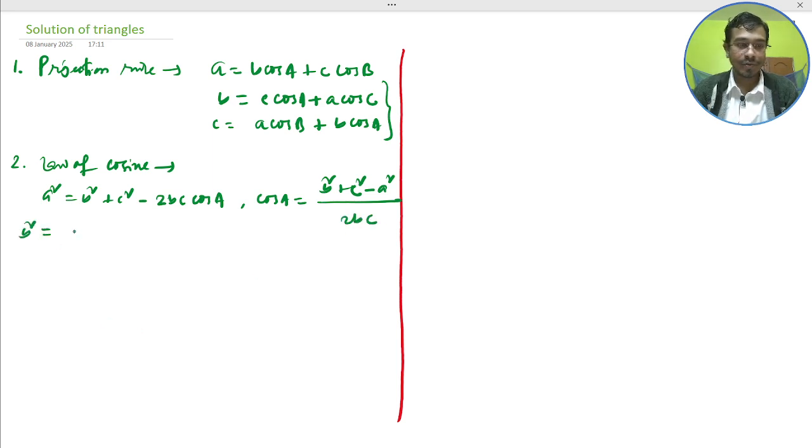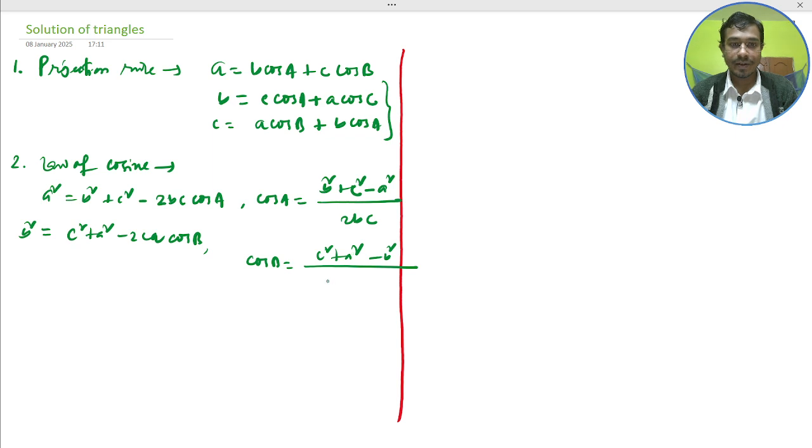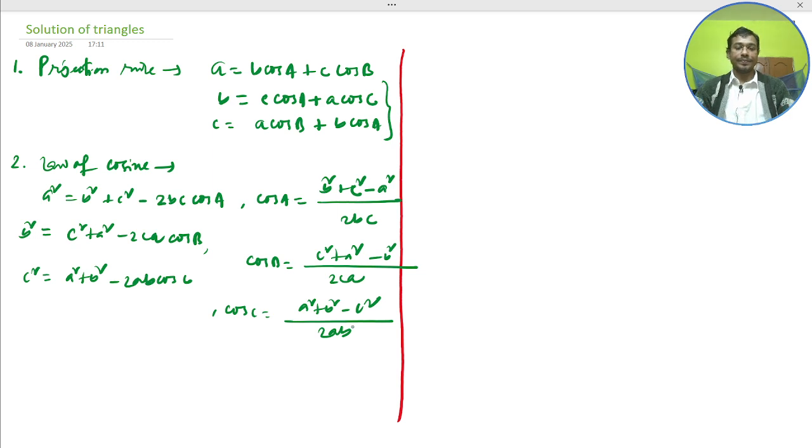Next, b square equals c square plus a square minus 2ca cos B, and cos B is c square plus a square minus b square by twice ca. Next, c square equals a square plus b square minus 2ab cos C, and cos C equals a square plus b square minus c square divided by 2ab.